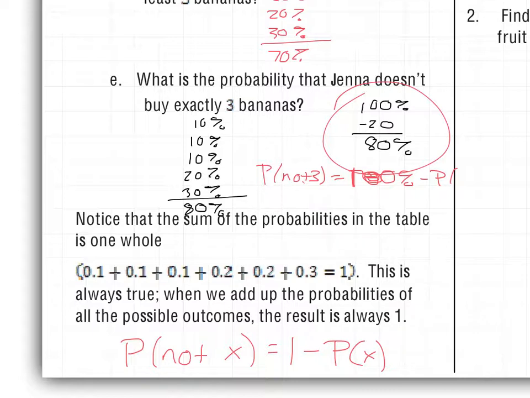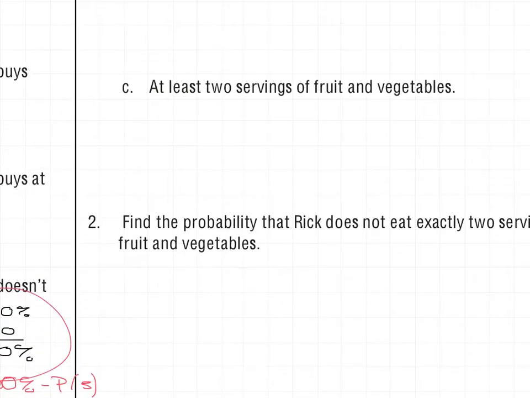The probability of 3. And that's where we got the 100% minus the 20%. And that gave us the 80%. So again, if we want to find the probability of not something, we can always find it by saying it's 100% minus the probability that that event actually does occur.